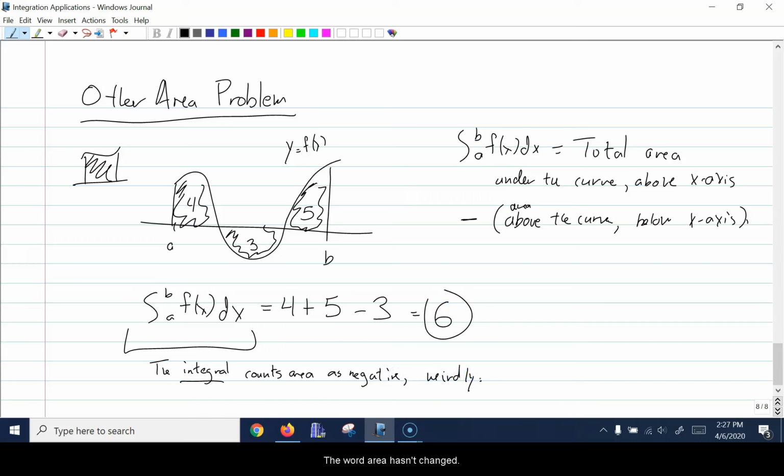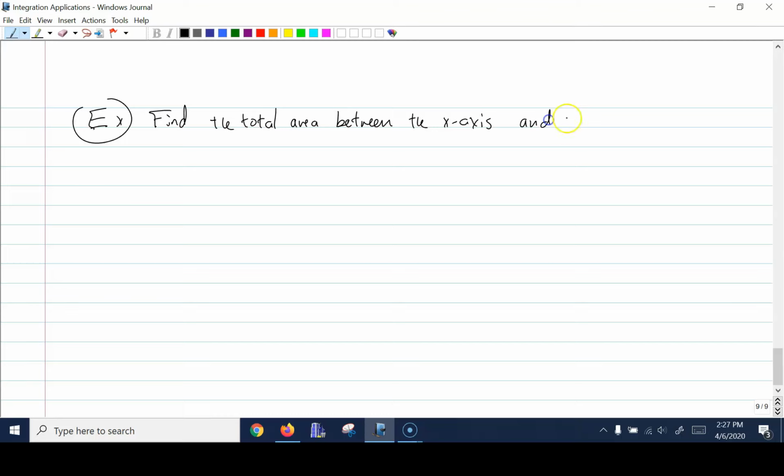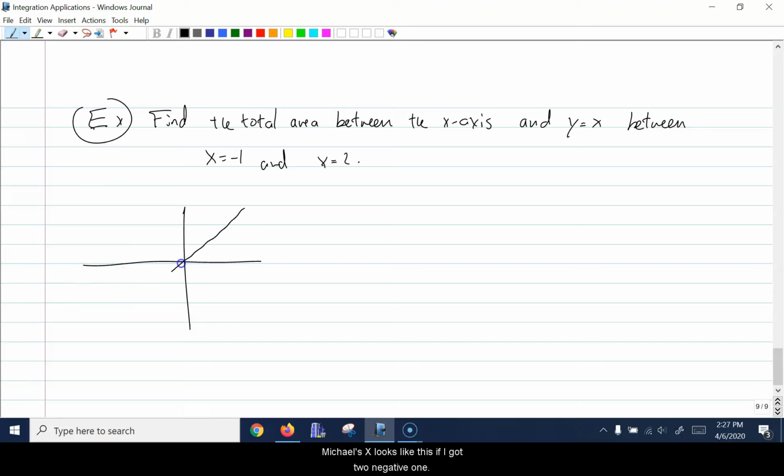The word area hasn't changed. So for example, if I said find the total area between the x-axis and y equals x, between x equals -1 and x equals 2. Y equals x looks like this.